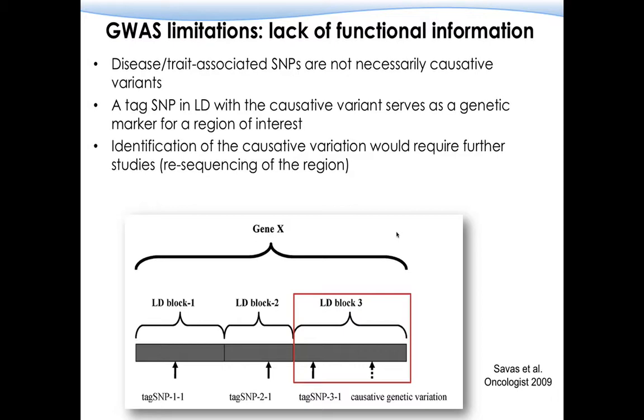For example, say this SNP is causing the phenotype, but these two SNPs are in the same linkage block, which means that if I know the genotype of this location, I will also know the genotype of this location. So when people design SNP arrays, they are not going to put both SNPs on the chip, because one will be representative of the other as well, right?